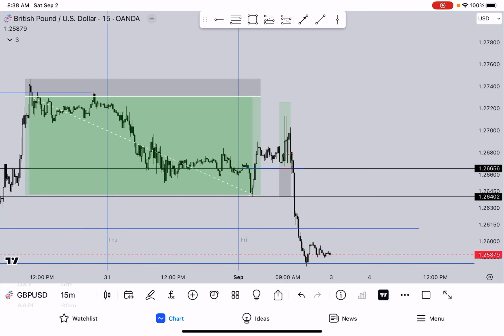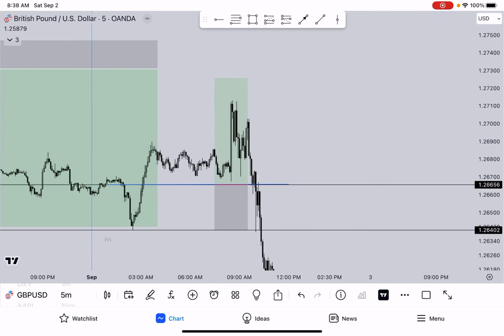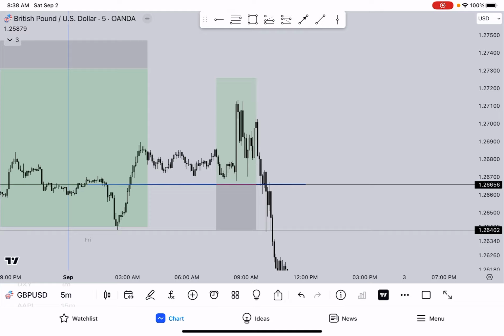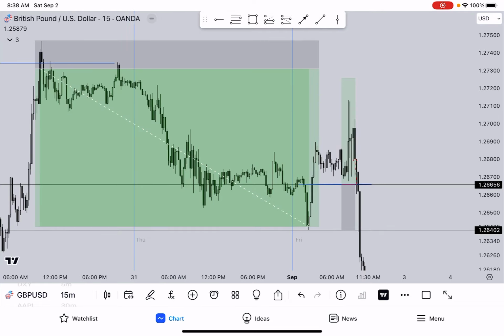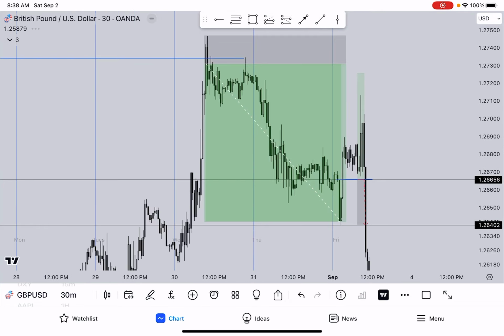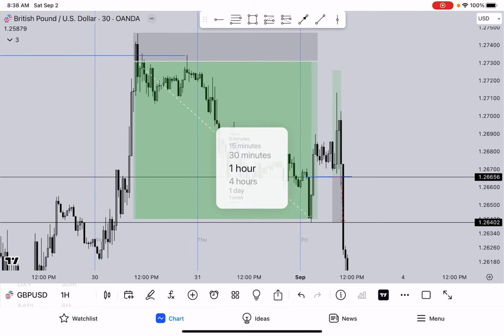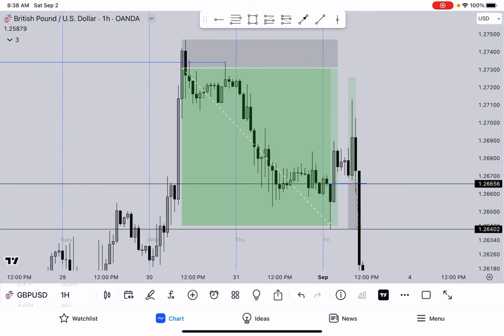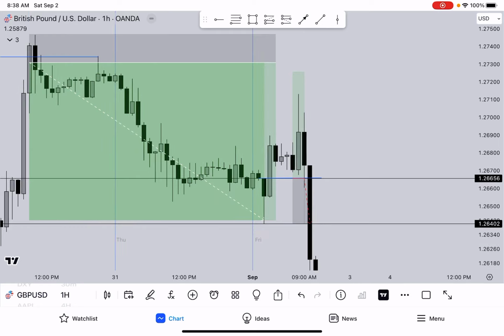Cool. Friday, I took a trade. Took a long. We don't see the wick here, but there is a wick on the MT5 app, in which this was a 1 hour setup.